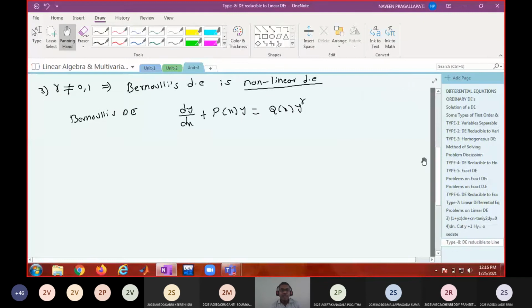Now, what is the problem? If you want to convert this into a linear DE, what should the right hand side be? For a linear differential equation, the right hand side must be purely a function of x alone. You should not see any y, but we see y power r. So what shall we do in the next step?